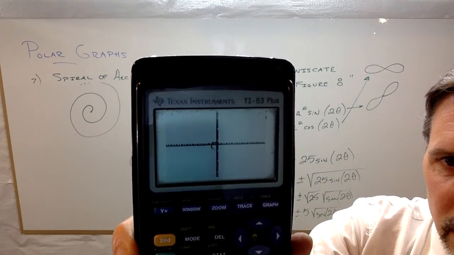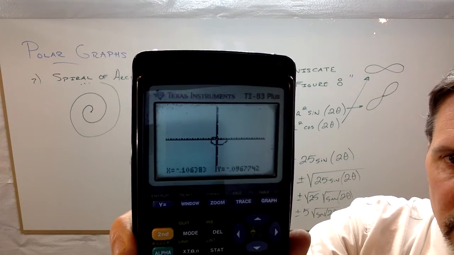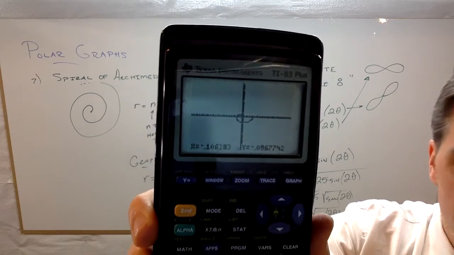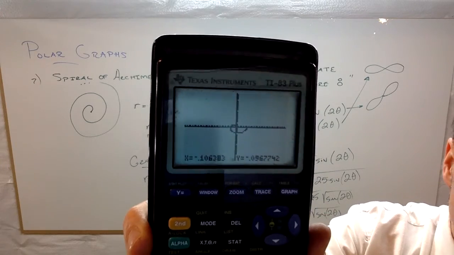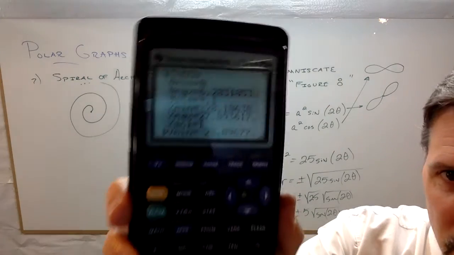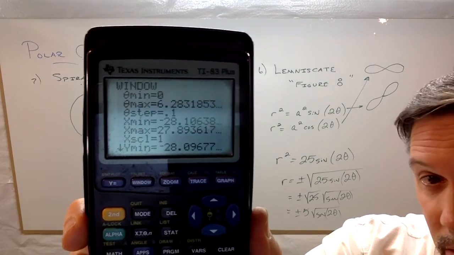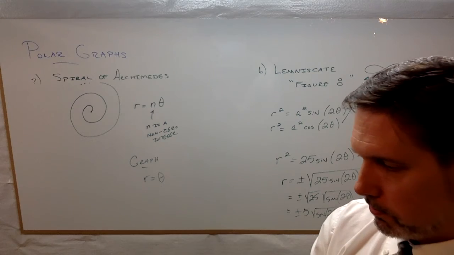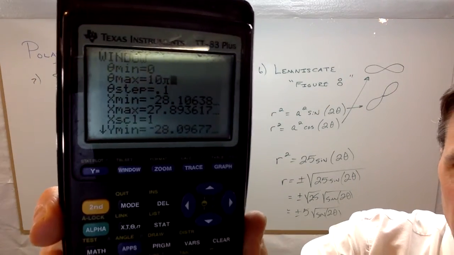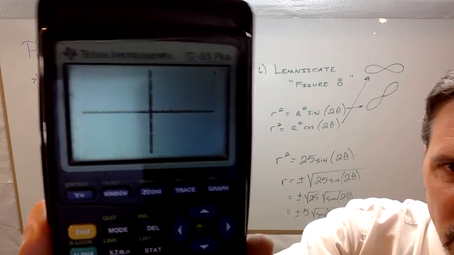What do we get? Well, that's underwhelming. We want this to spiral more than just once around, right? So instead of 0 to 2 pi, go back to your window and let's go 0 to about 10 pi. Just type in 10 pi, like that, and let's see what it does now.